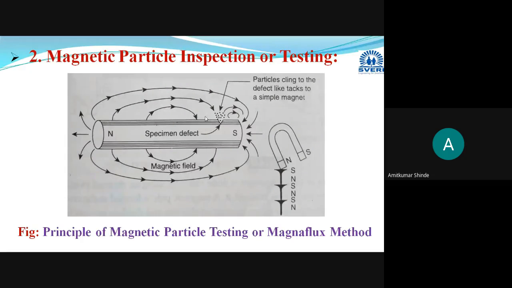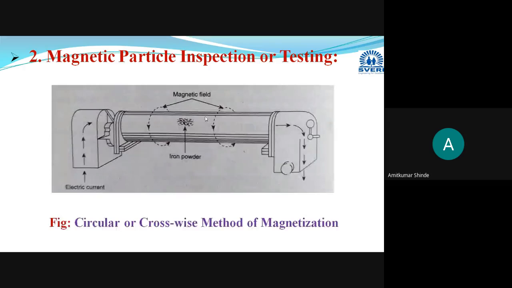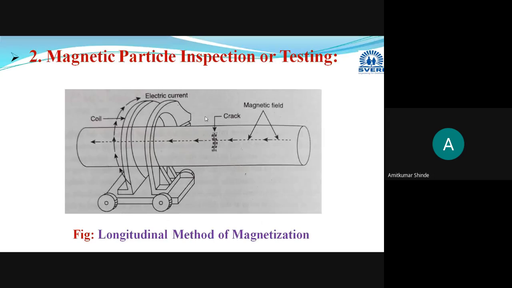Okay, we will move towards the next part of this inspection method, that is the type of magnetization used. Here we can use two types of magnetization: the first is circular or crosswise magnetization, and the second is longitudinal magnetization.